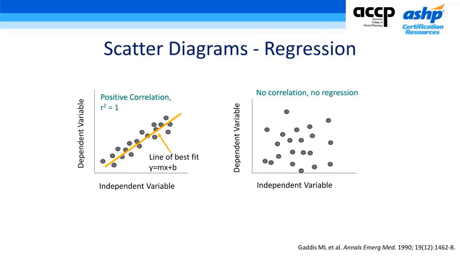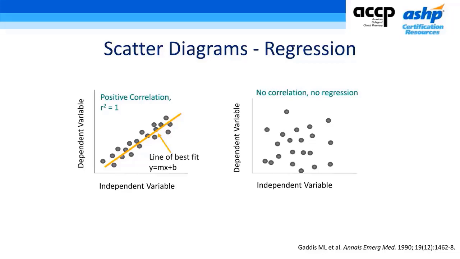And then for regression for scatter diagrams, again, remembering that when you square a negative value, you get a positive value. So we only have a positive correlation here, shows us our R squared equaling 1.